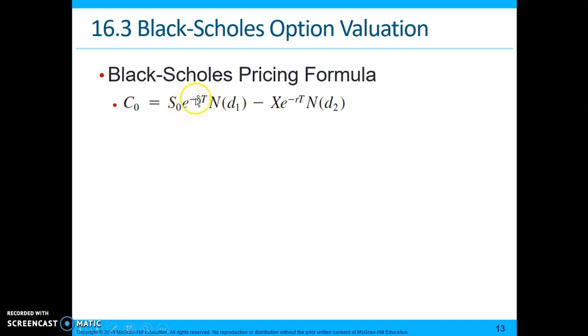It's to the power of negative delta, which is the dividend rate, multiplied times time, and then N(d) is just some normally distributed random draws.